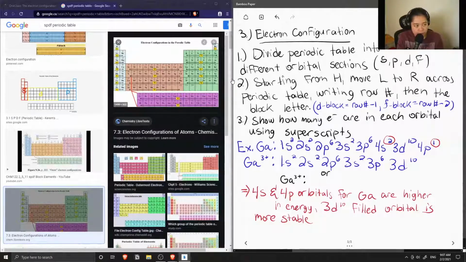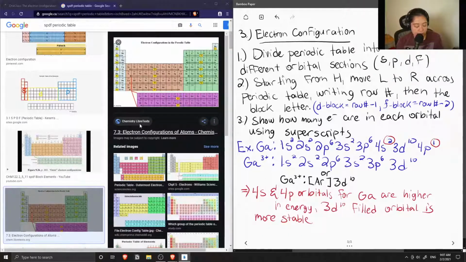We just need to find the noble gas that comes before gallium, which in this case is argon, and we write argon in square brackets. And then we continue on writing the remaining of the electron configuration. So in the case of gallium 3+, it would just be argon and then 3d10.